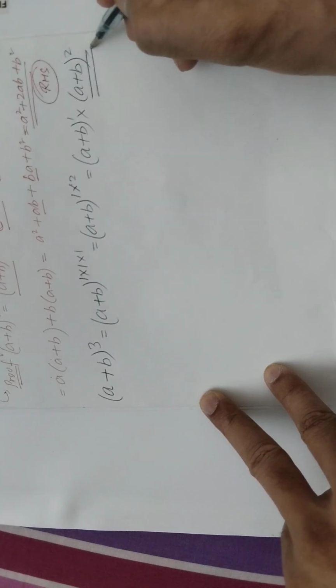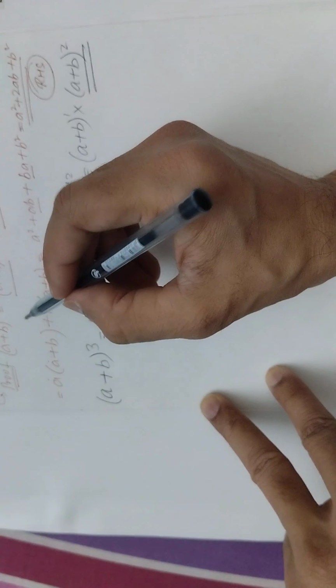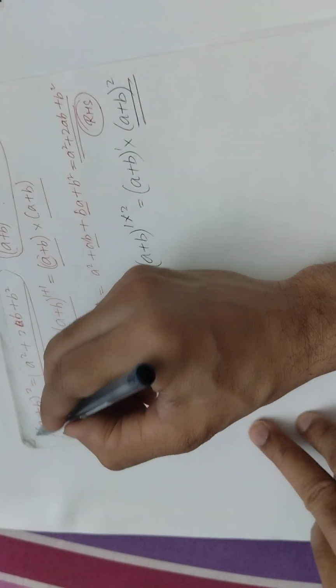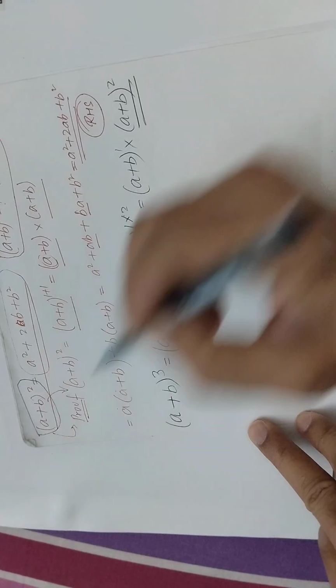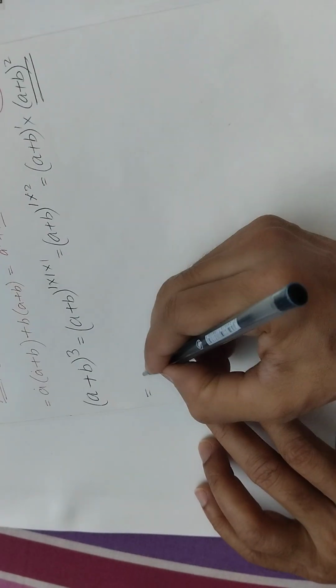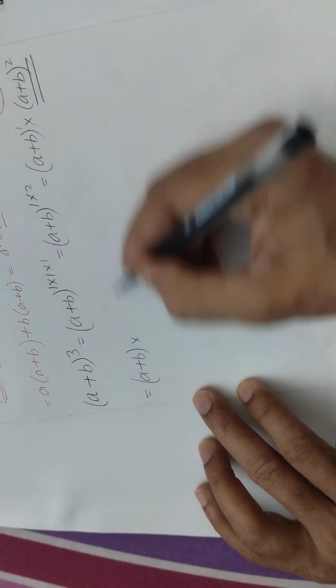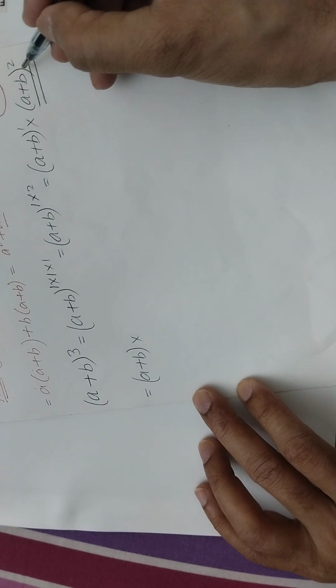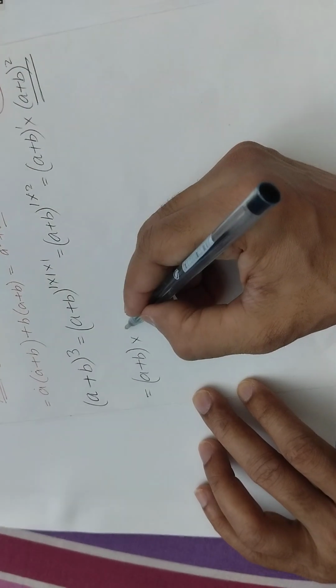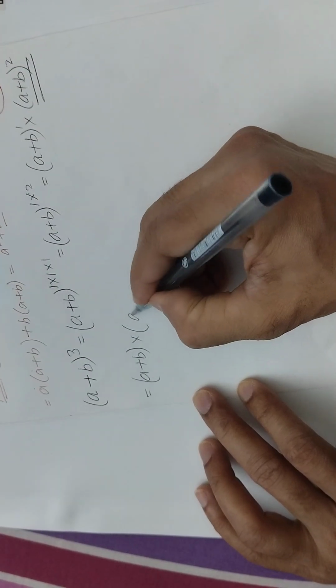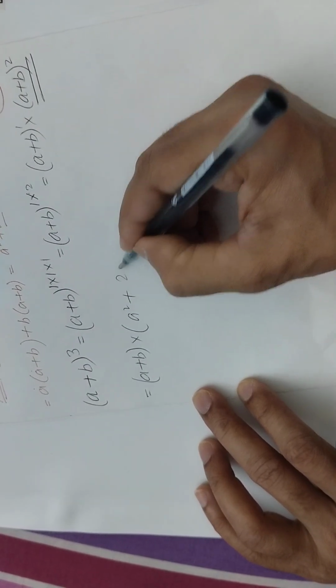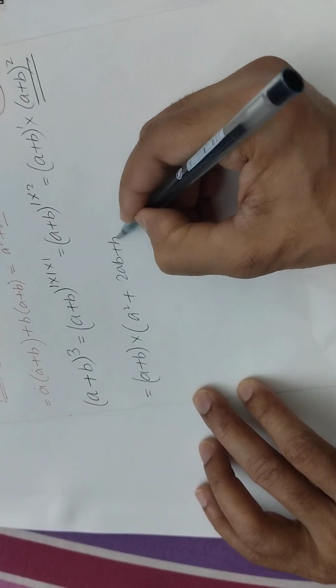Now we already deduced this in the previous scenario. We already know the value of (a + b) whole square, which is a square plus twice ab plus b square.